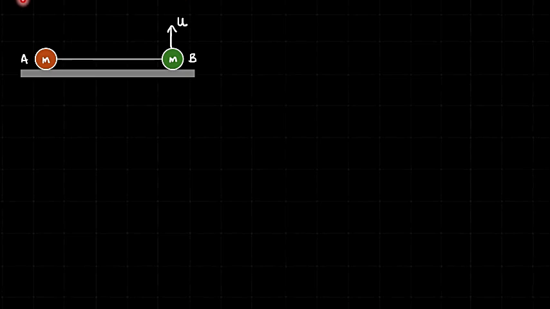Alright, so here is the picture. The floor is smooth, frictionless. At the initial moment A is at rest, so the velocity of the center of mass is u/2 in the upward direction. For the whole system, the tension T is internal.